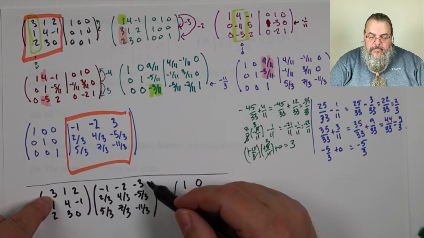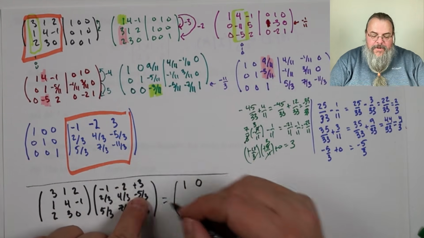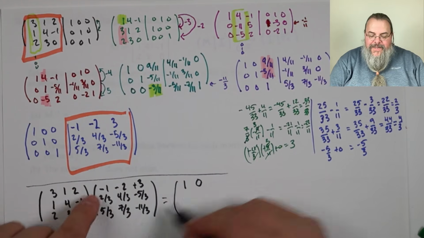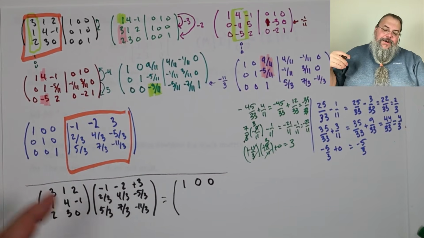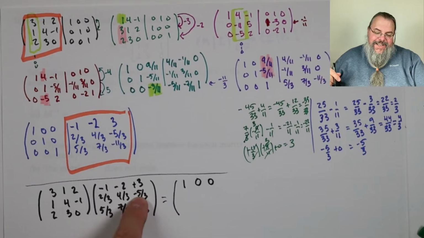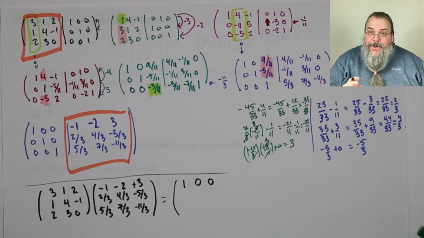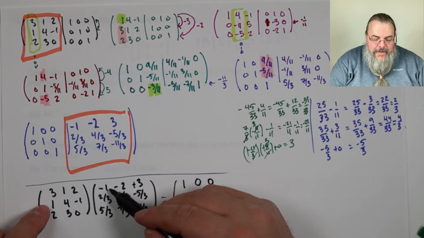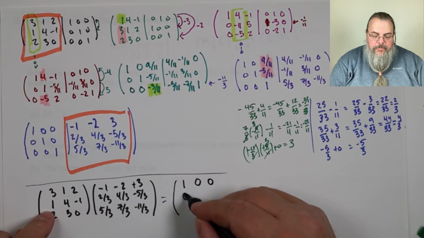And then, I copied it down wrong. That should have been a plus 3. So it's 9, subtract 9, which is 0. Okay. Phew. All that work, and when I checked it, I didn't copy it right. Oh my gosh. Okay, so so far we're good. Minus 1, 8 thirds, and minus 5 thirds. Well, 8 thirds minus 5 thirds is 3 thirds, which is 1. Minus 1 makes 0.